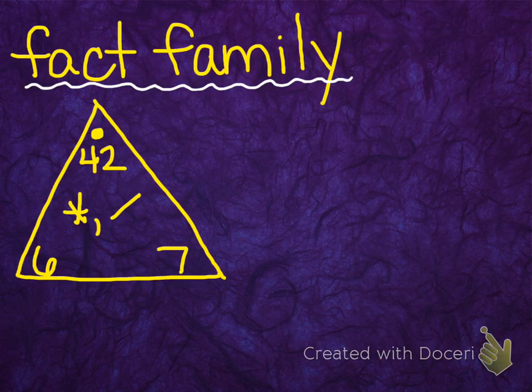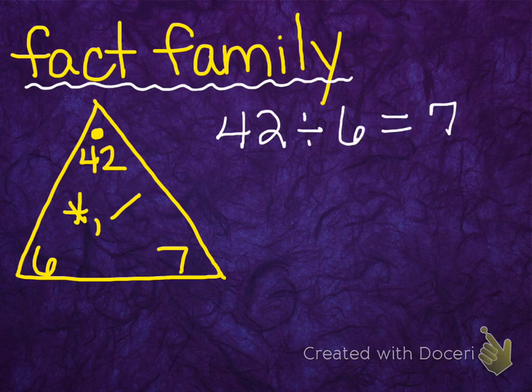So I also wanted to talk about fact families today. I have a fact triangle here. If I were going to do a fact family for this particular triangle, it would include my multiplication and division problems. So I could write 42 divided by 6 equals 7.